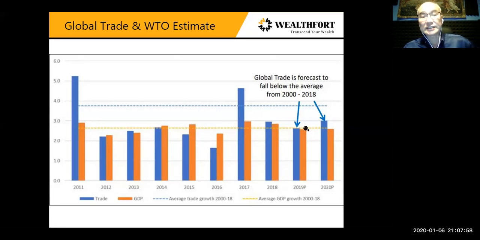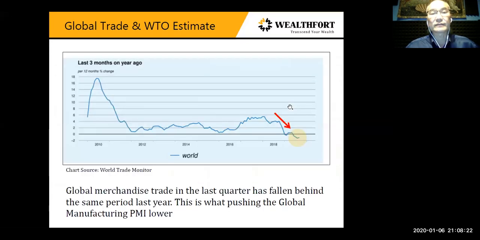Okay, sorry, average trade growth is this, and average GDP growth is this. So average trade growth is this line, but you see that since 2018 and 2019 and forecast 2020, average global trade growth is actually below the average of the last 18 years.